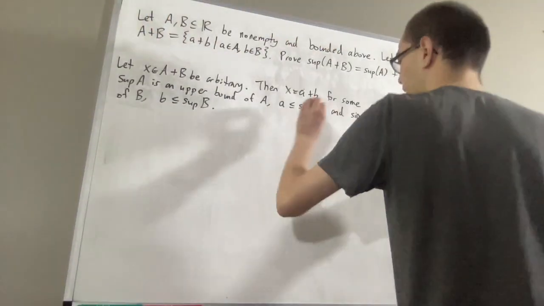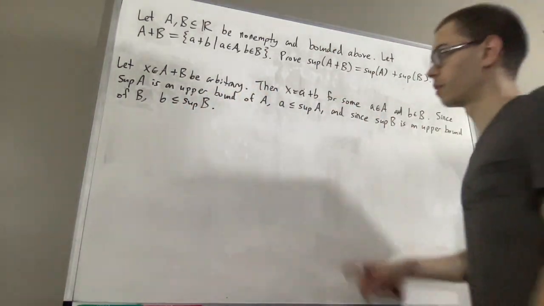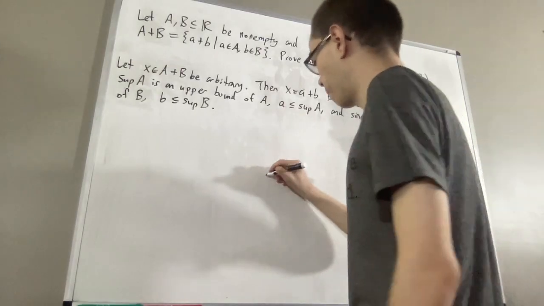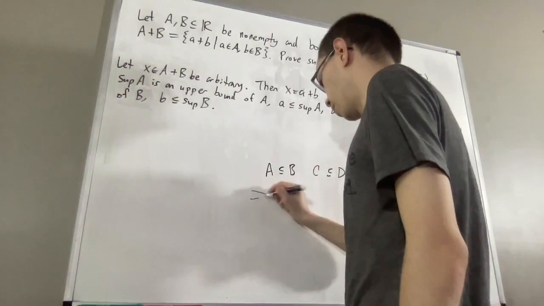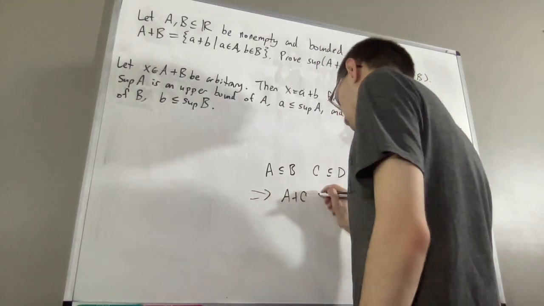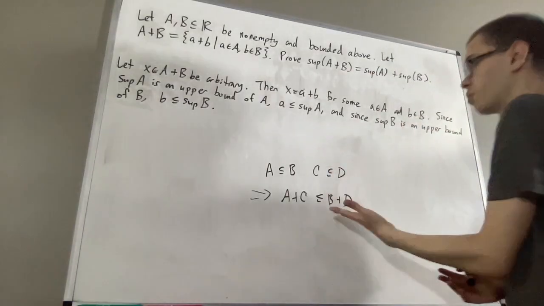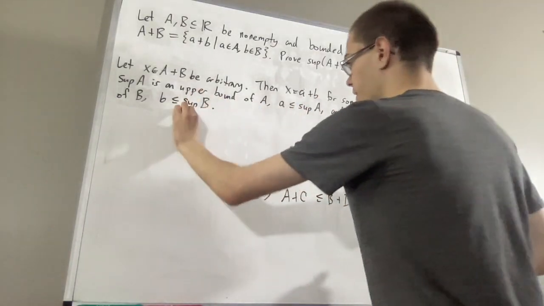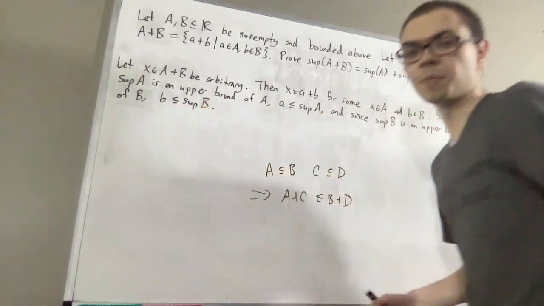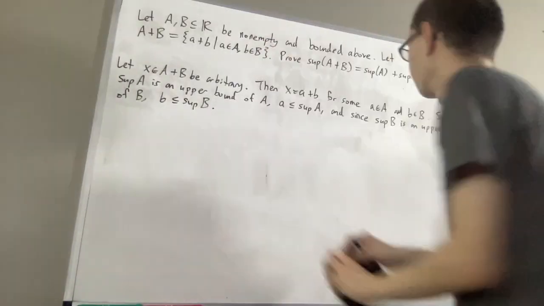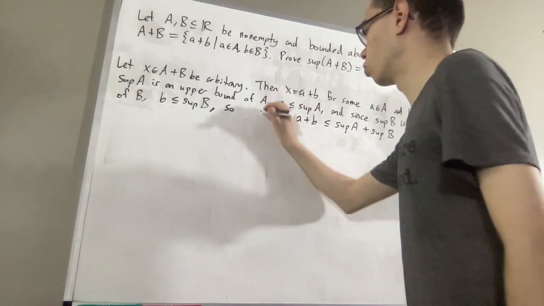And now we're able to take these two inequalities and add them together, essentially. In general, when you have a less than or equal to b, and c less than or equal to d, it follows that a plus c is less than or equal to b plus d. So using this result, these two inequalities tell us a plus b is less than or equal to the supremum of A plus the supremum of B. And a plus b is equal to x.